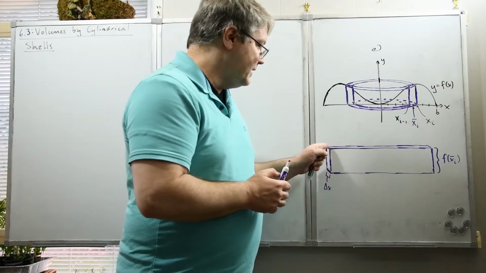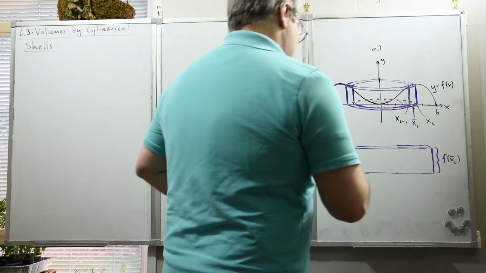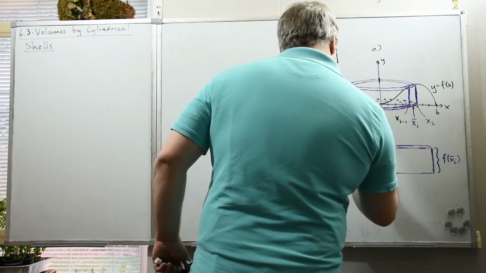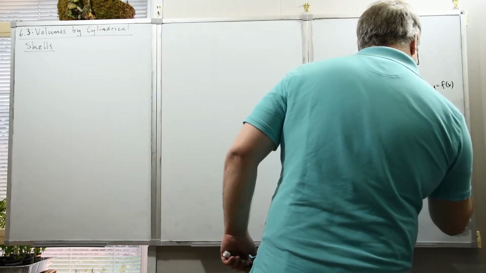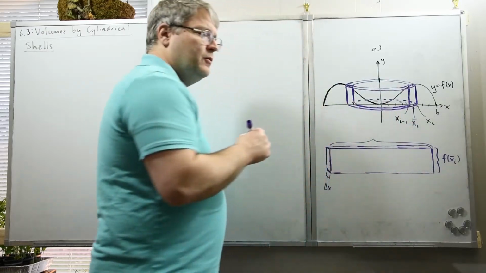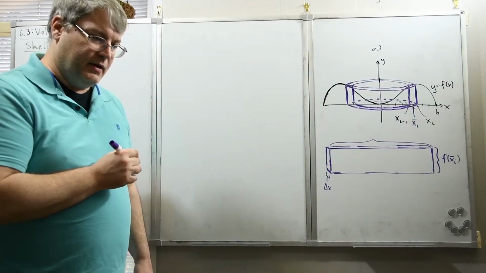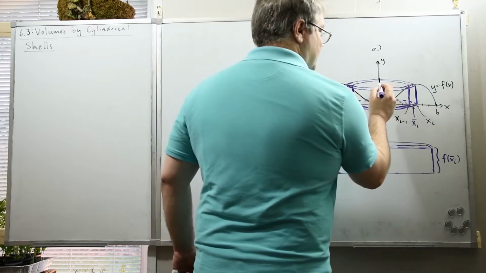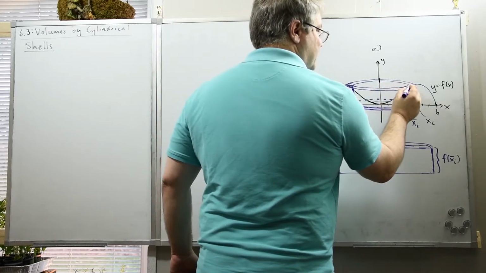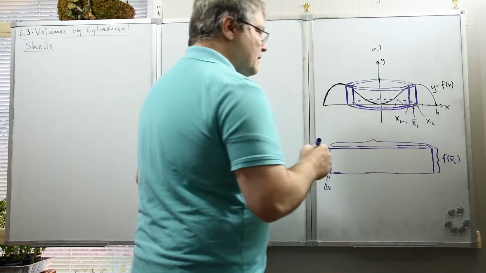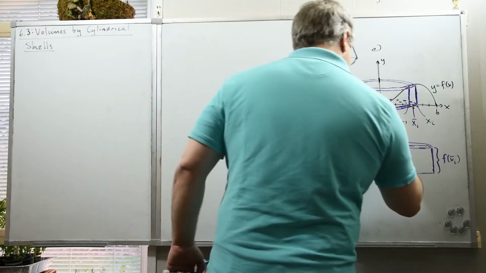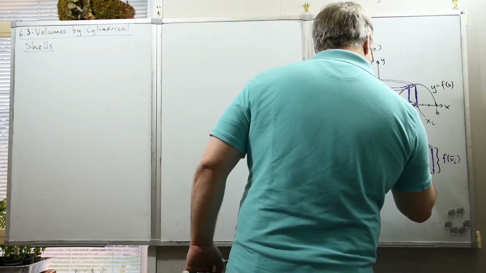Along the top, we're taking a measure of the circumference with a radius of xi bar. So the distance from the axis of revolution to here will be xi bar. So 2 pi times radius, 2 pi times xi bar.